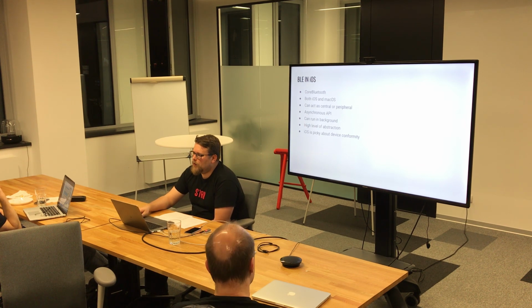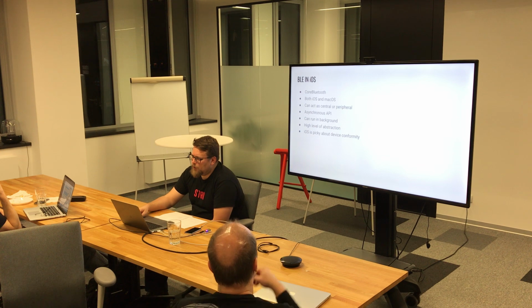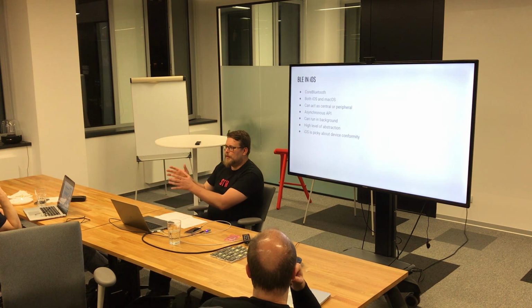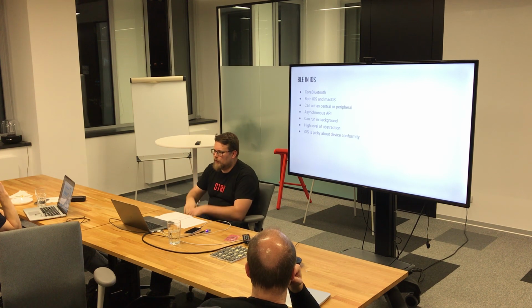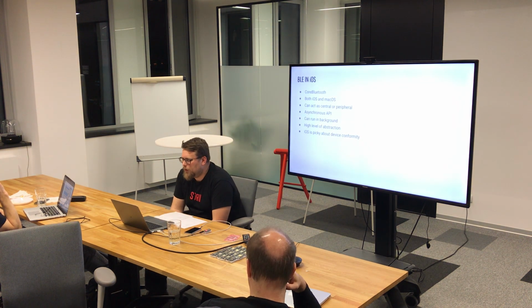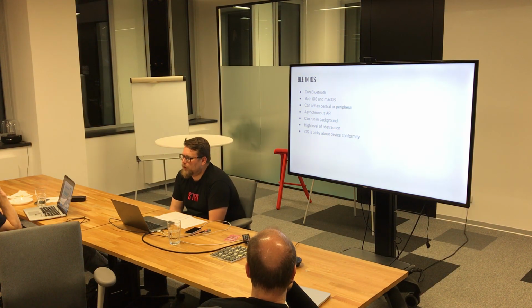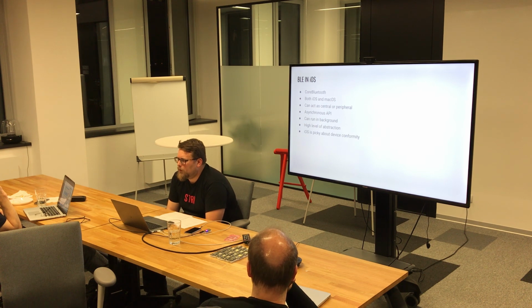It's quite a high level of abstraction, because you only get quite a narrow peek into all the powerful stuff that BLE has to offer. On Android, it's a little bit better in terms of low-level hardware interaction, but usually you don't need that.